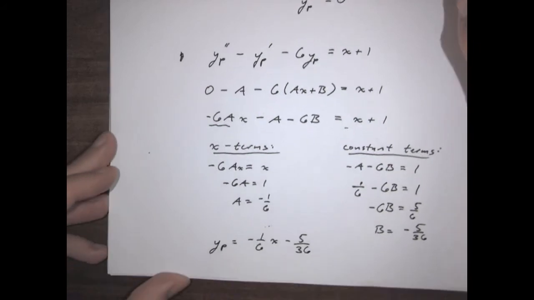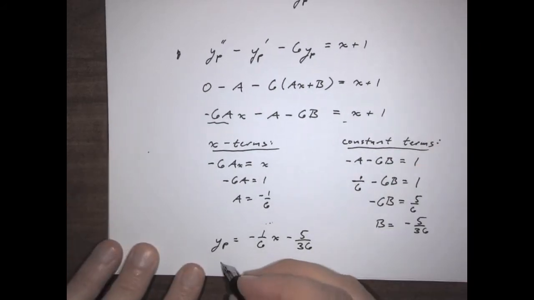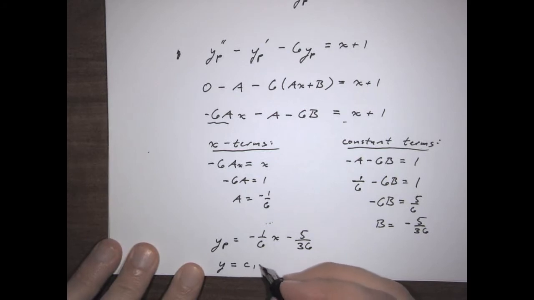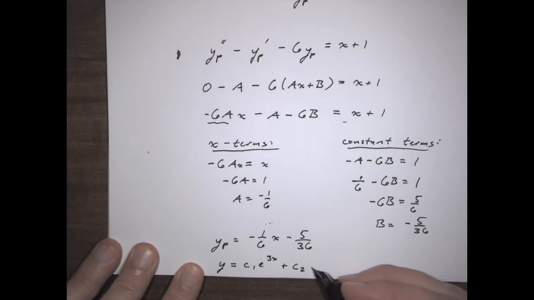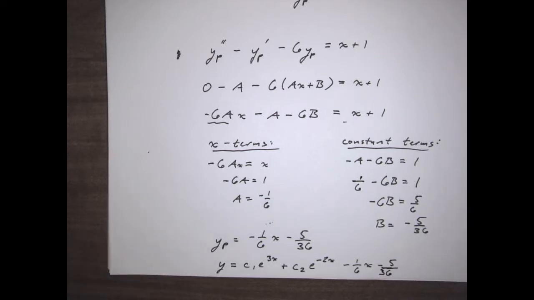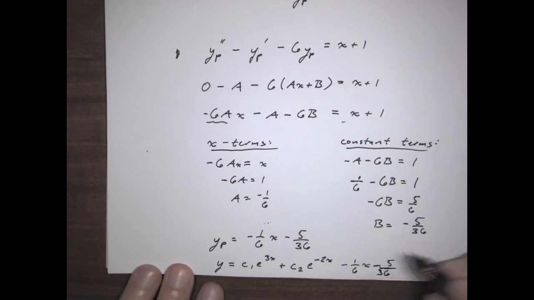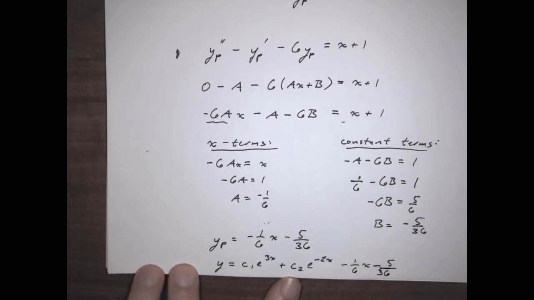Which gives me then a general solution of y equals c1 e to the 3x plus c2 e to the negative 2x minus 1/6 x minus 5/36. And it would be initial conditions that we would use to solve for the c1 and the c2.